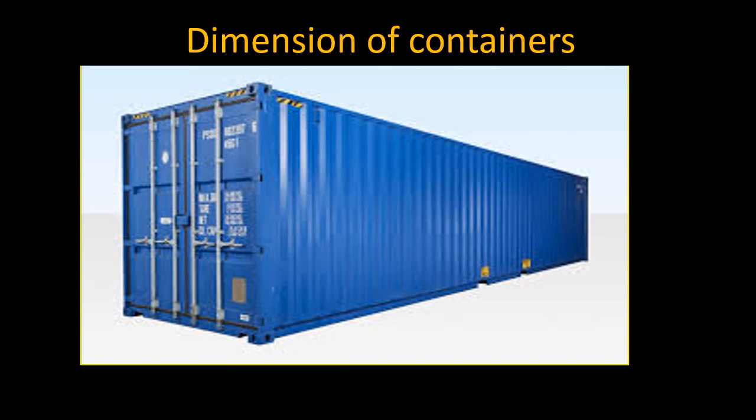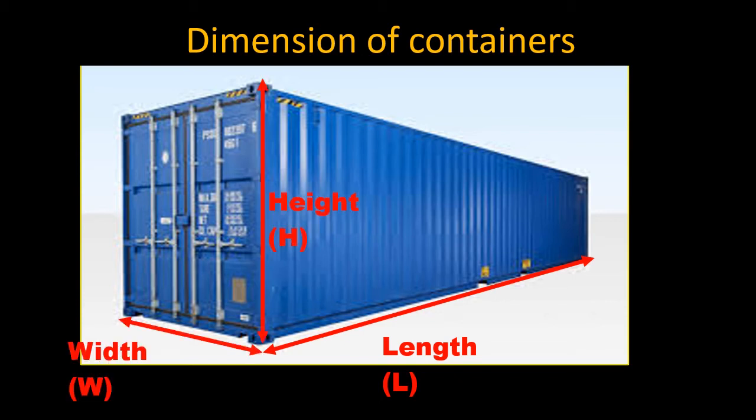In measuring a container, we need to know the length, its width, and its height. As logisticians, we should know the dimension of a container. We should know the length or L, the width or W, and the height or H, which is represented in this picture that indicates the measurement of a container.